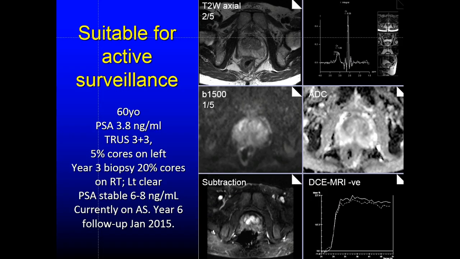So if you look at this particular patient who's been on active surveillance for many years, here is a patient who has a PIRADS 1 score. Nothing is seen in the peripheral zone or in the transition zone. He's had his 6th year follow-up in 2015, and he's still fine.